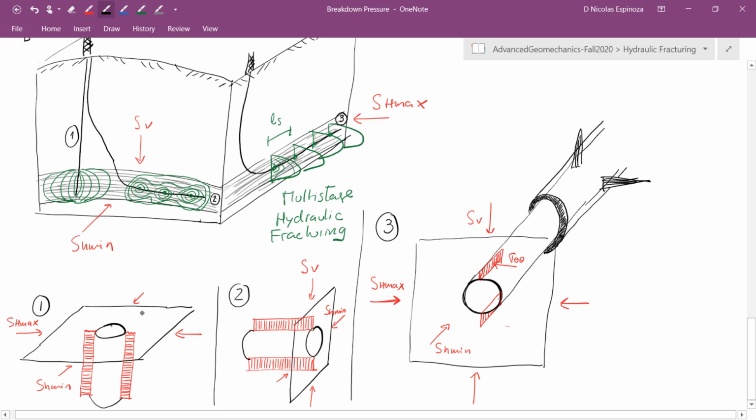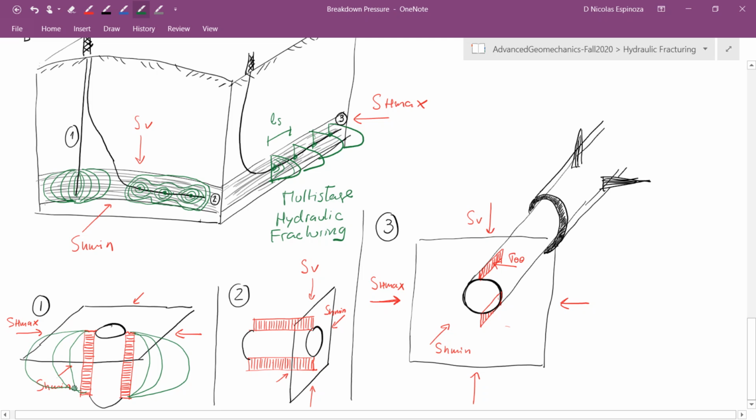So if this fracture were to grow and extend away from the wellbore and grow into a larger hydraulic fracture, it will grow something like this, extending in the direction perpendicular to SH min, and the same in the other direction, of course.